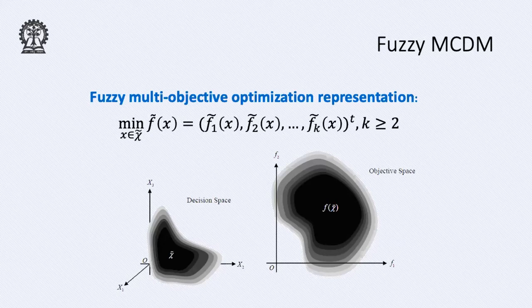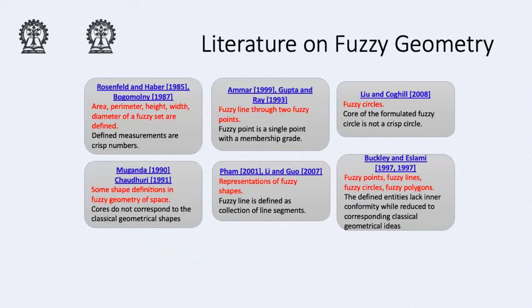We could see that very little work existed in 2007. Till date, there is not much work on fuzzy geometry, and only two authors, Buckley and Eslami, have defined the fuzzy point. We started our journey from here.